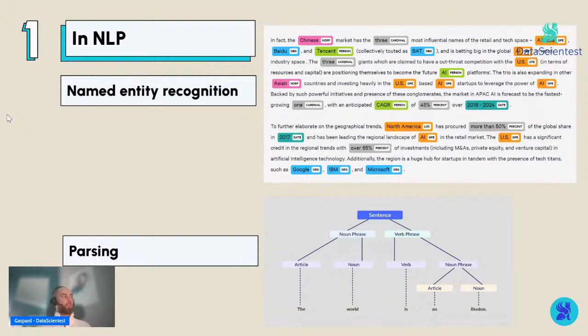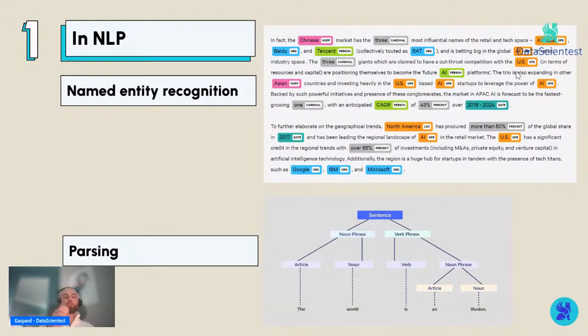Same idea for named entity recognition, NER, and parsing. For NER, the goal is to extract really specific words that are related, for example, to dates, or famous people, or places, or historical events.